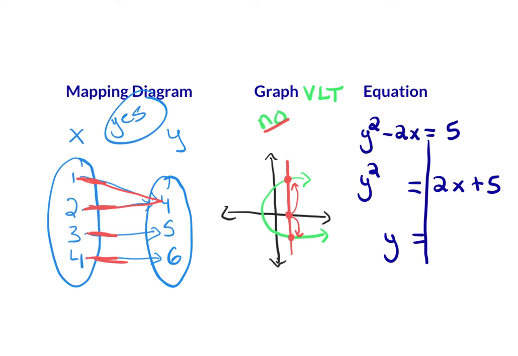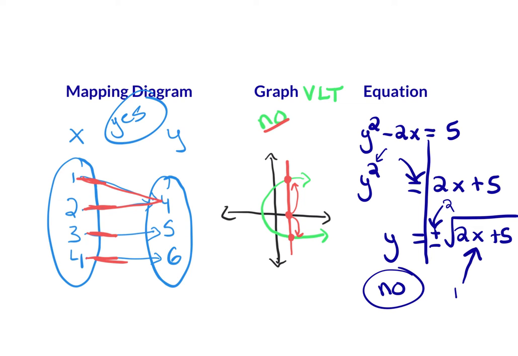So y equals, when you're solving equations and you have to square root, there's the plus or minus, the square root of 2x plus 5. That means if I plug in a value for x, I'm going to have the positive and negative version of y. So 1 x, 2 y's. This is not a function.